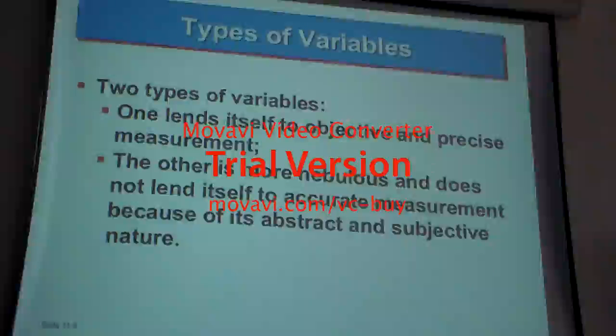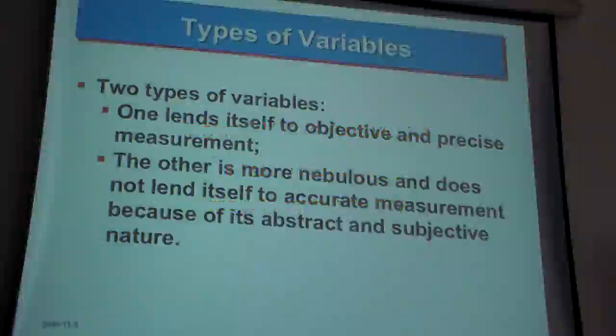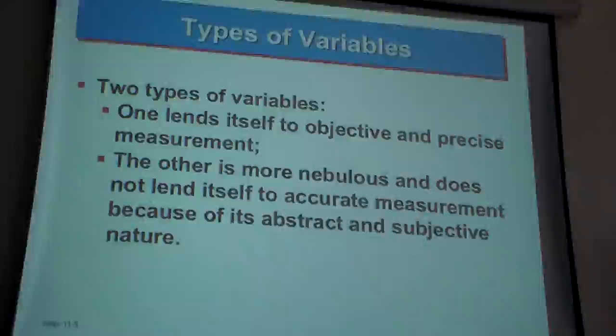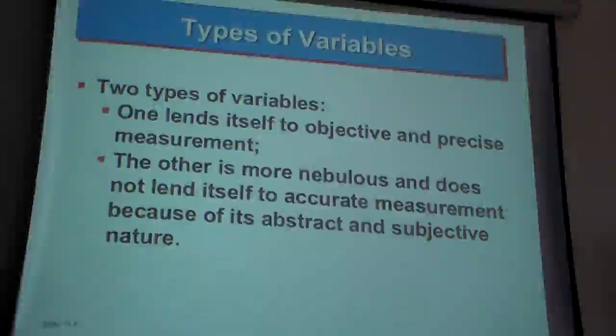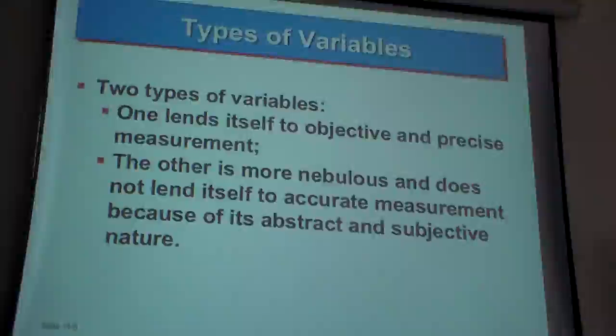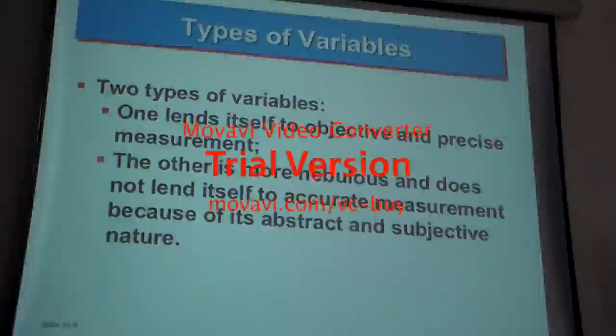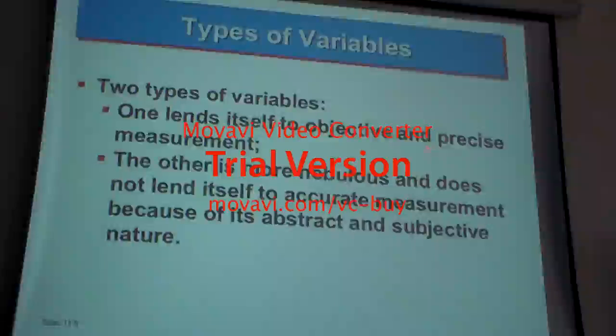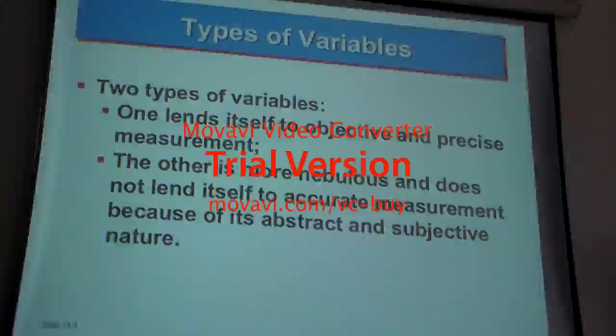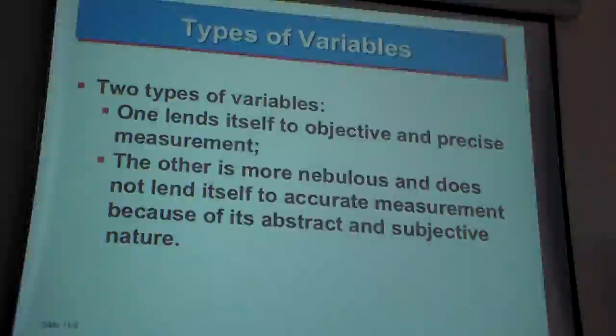Here we are talking about types of variables in terms of measurement, because our lecture is about how to measure. So, we have two types of variables. One links itself to objective and precise measurement. So we have objective.